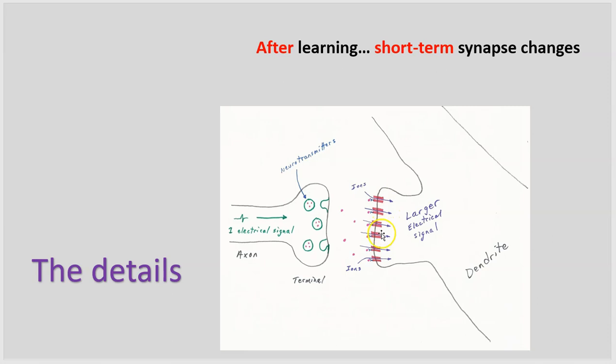And if you increase the number of channels here, then for a given number of neurotransmitters, you can allow more charged particles across the membrane and therefore create a larger electrical signal. So right away, a short-term effect of the learning that just happened is that the target cell can increase the number of receptors, and that has the effect of strengthening the communication between those 2 neurons.